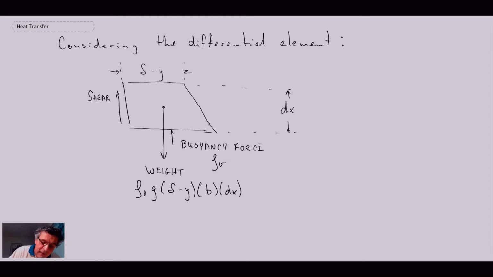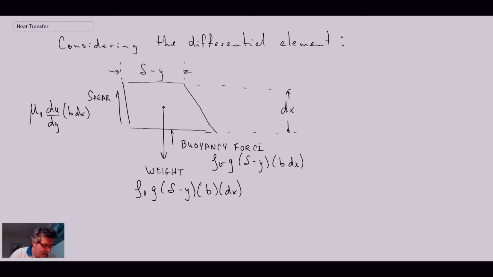Buoyancy force is expressed in that manner. And then finally shear: there is viscous shear in the fluid, and I'm going to assume that u is only a function of y, and that's why I'm putting this as an ordinary differential. U is actually evolving, so it could be a partial as well, depending on how you're looking at the analysis, but this gives an order of magnitude perspective of what was involved.